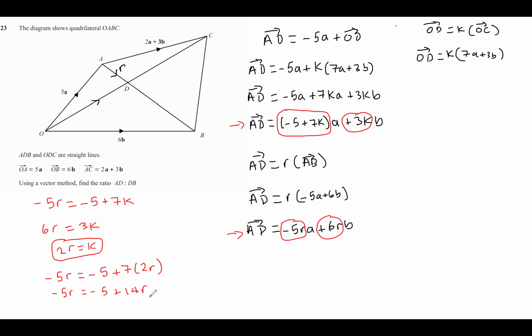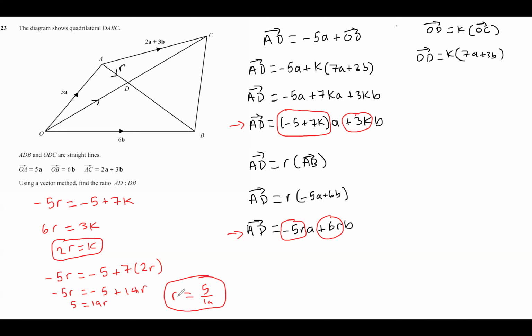And then if we rearrange this, I'm going to take the 5 onto the other side and bring the 5r over here. So we get 5 is equal to 19r.